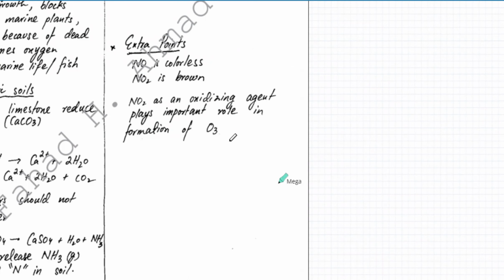The hazy substance in the cities ends up creating smog because of the ozone plus NO2 in the lower atmosphere. That's your smog.